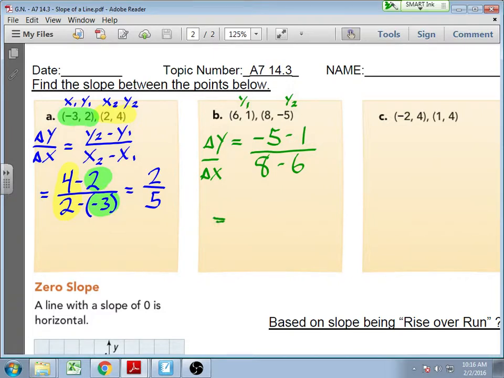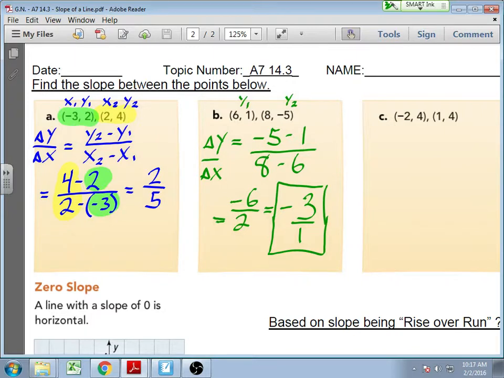Now when we do that subtraction, what'd you get? -6 over 2, which simplifies to -3. In this case, we don't need to leave it a fraction, but we could by doing -3 over 1. If I just say the slope is -3, I know it's going down pretty quickly. -3 is kind of a steeper slope.